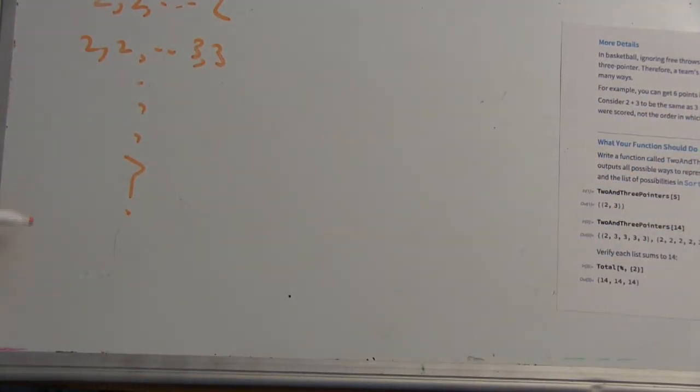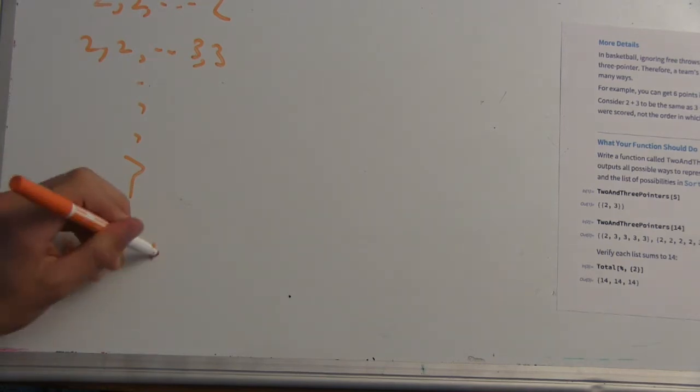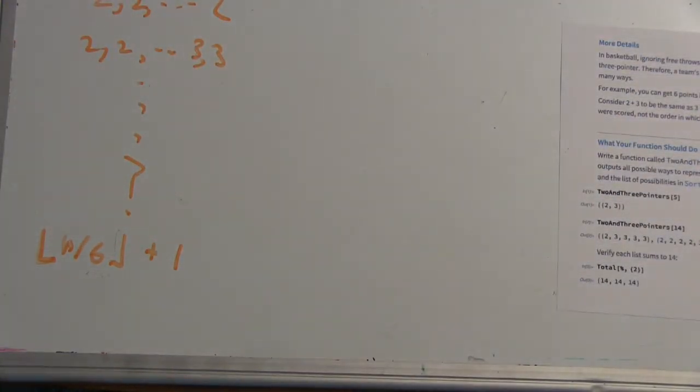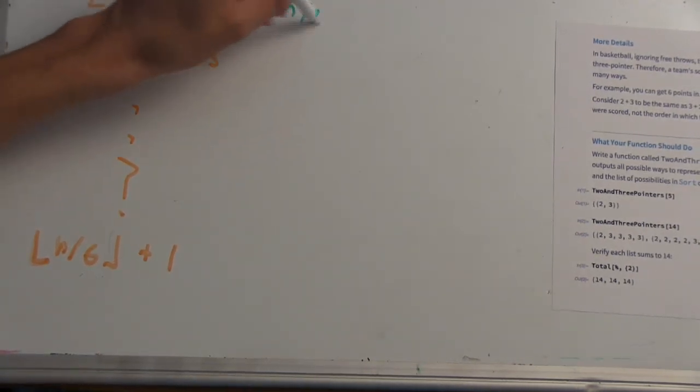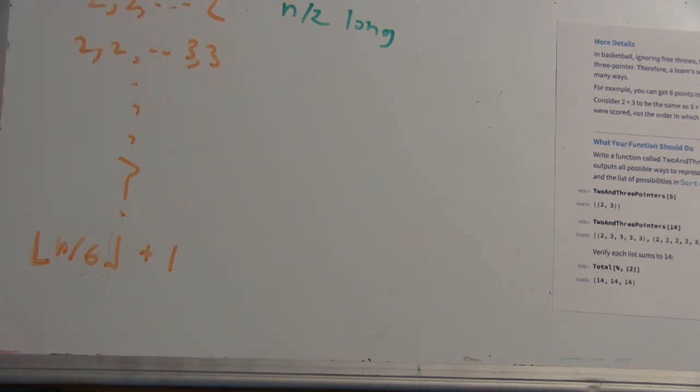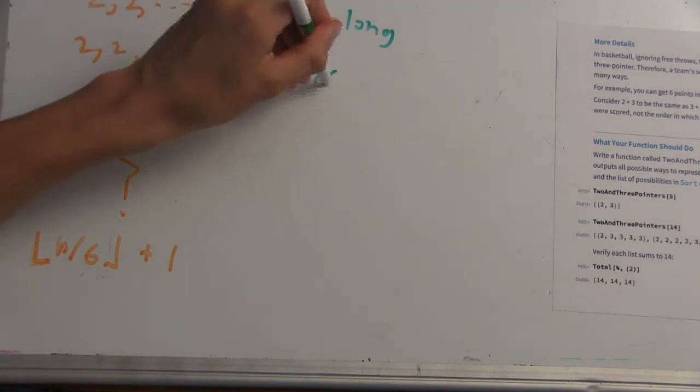So for the even numbers, I think it was the floor of our number, which we called n, divided by 6, and then plus 1. So it's n over 6 because we start with this list, which is n over 2 long, and then we need to divide this list into groups of 3 2s that we can replace with 2 3s, and there's floor n over 6 of them.